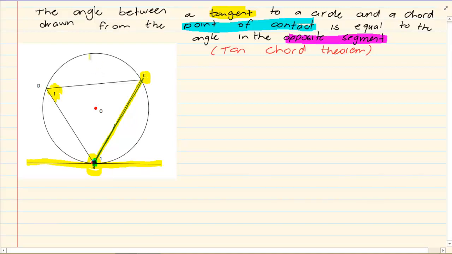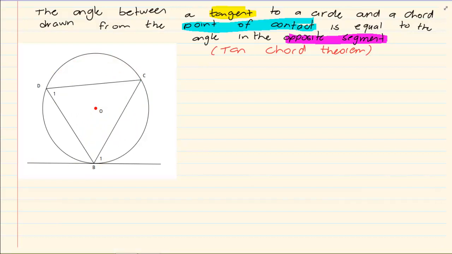So even though the entire place here is the opposite segment, the angle that is created with line BC is D1. Now that you understand the vocabulary, when I say the angle between a tangent to a circle and a chord, so I'm referring to the tangent and the chord, then the angle I'm talking about is B1. And it is equal to the angle in the opposite segment. Then the angle I'm talking about is D1.